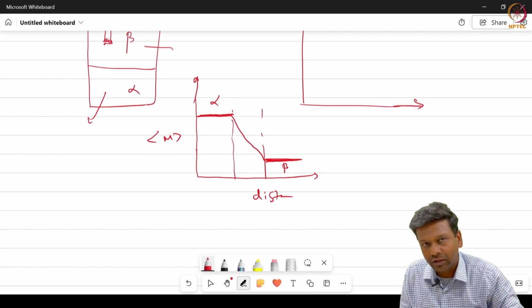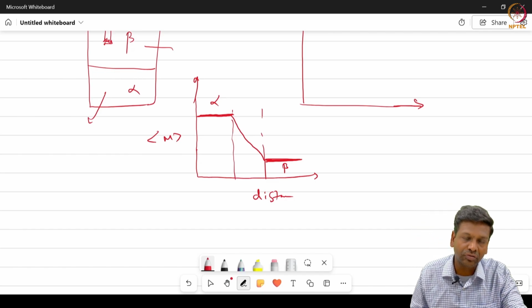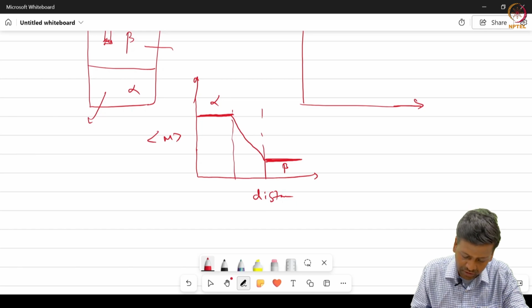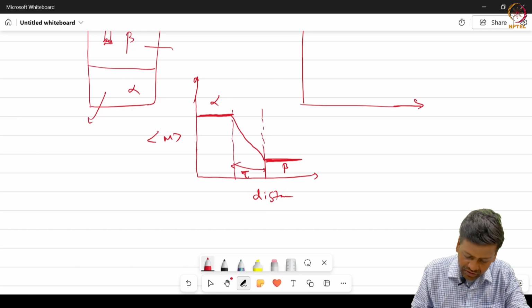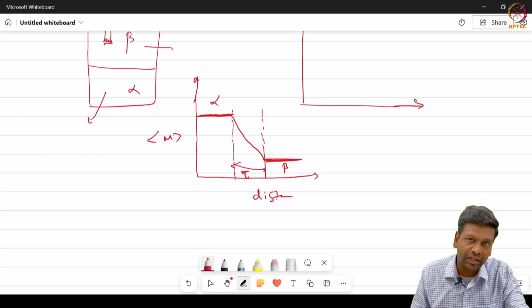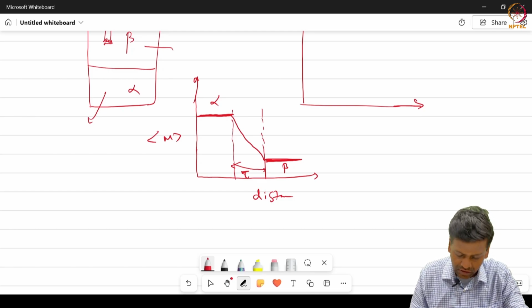Now if you want to understand what constitutes the interface and where exactly it lies, for example, whether it lies somewhere here, here, or here, we know that near the interface the values are changing, but where exactly that thin layer lies, we don't know. It is very difficult to locate that.